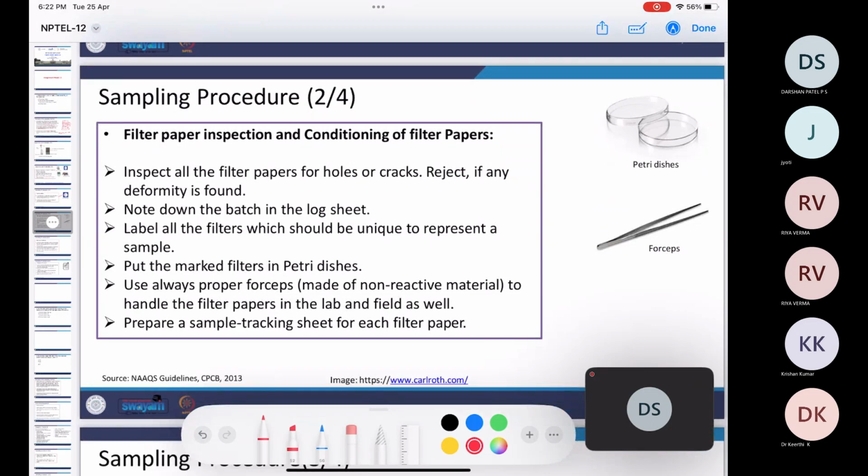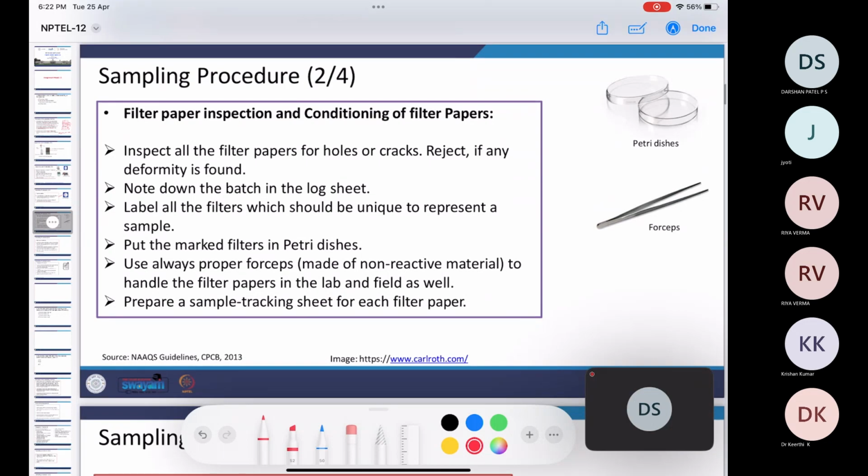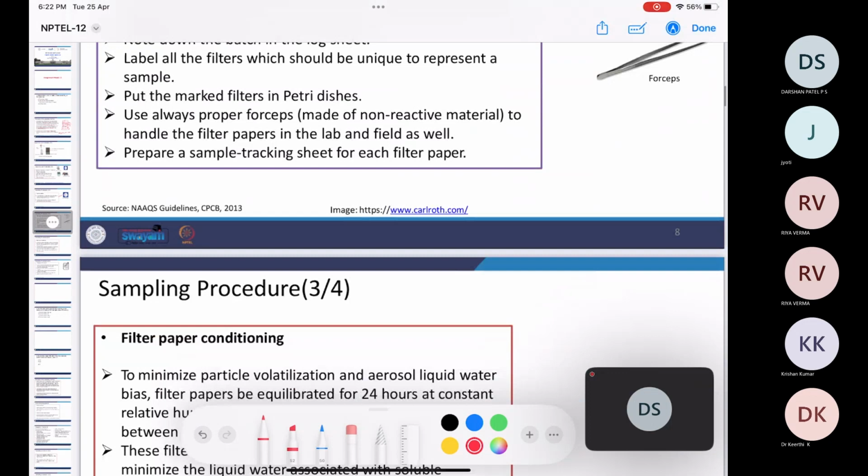Label all the filters uniquely to represent a sample. Then we need to put the marked filters in Petri dishes. These are sterilized Petri dishes that we use in the laboratories. Always use proper forceps made of non-reactive material to handle the filter paper. You can't just hold it with your hands, because our hands are also carriers of these particulate matters. Prepare a sample tracking sheet for each filter paper.